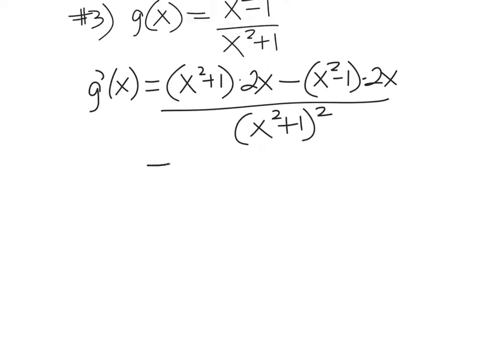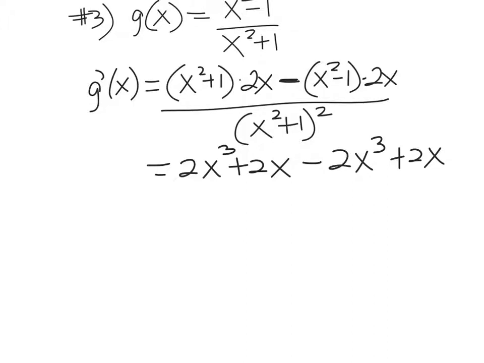All right, and then we simplify. At this point you can't cancel the 2x because there's a minus here, so we don't have factors over factors. So we're going to distribute, and you get 2x cubed plus 2x. We're going to distribute over here and distribute the minus sign, so I get a minus 2x cubed and a plus 2x.